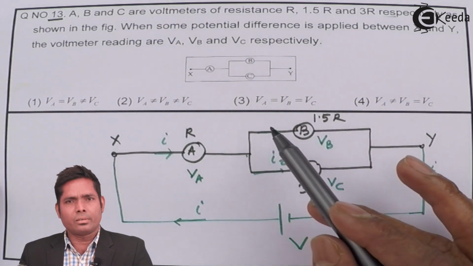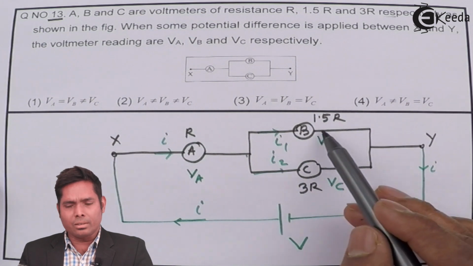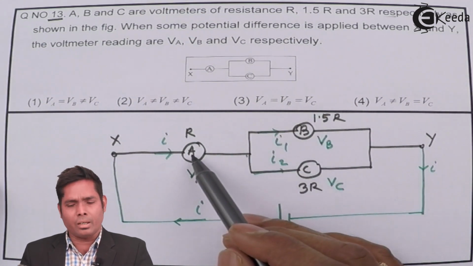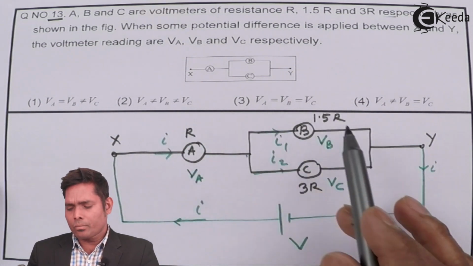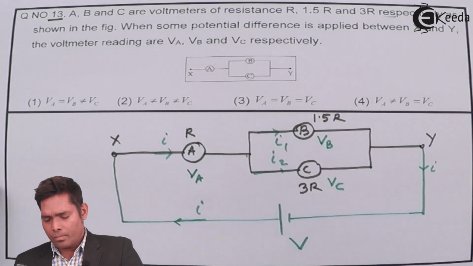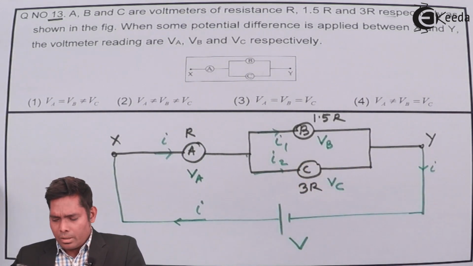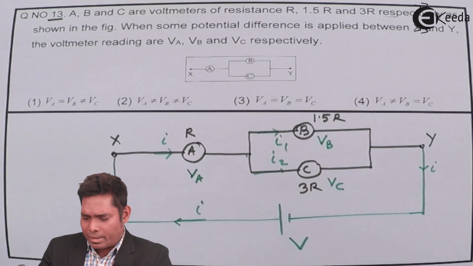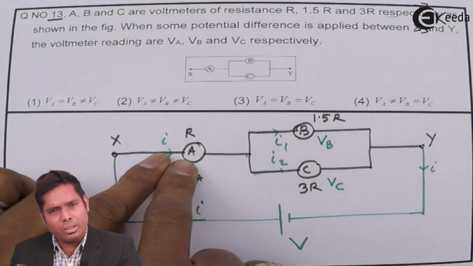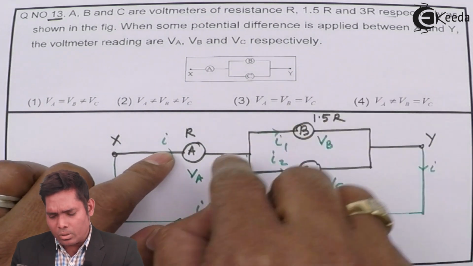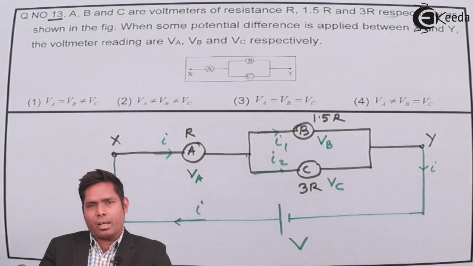If I know the total resistance of these two in parallel and then in series with A, then I know the total resistance. If I know the total resistance, then whatever current flows, the same current will flow through A, and first of all I will have that division of how this resistance is related to this resistance.